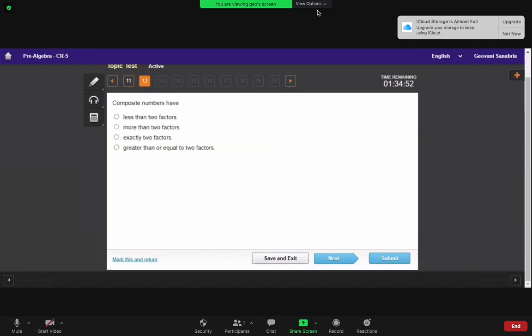Composite numbers have... it should have less than 2 factors, right? Well, no, I don't know. Composite numbers mean that they're not prime, and prime numbers mean you can only divide by 1 and by the number itself.